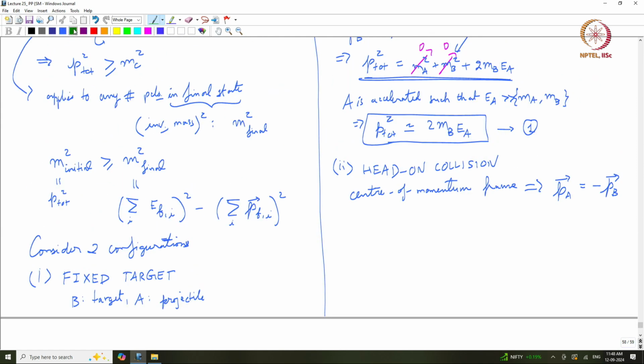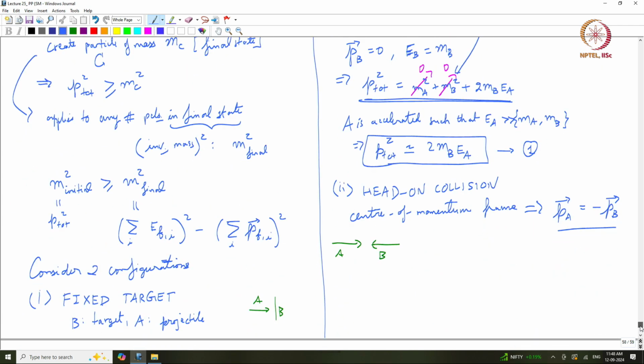Now, I just have to draw it this way, right. So, it is like A and B are coming in this way. So, over here B was just sitting around and then A was hitting it. Okay. Now, what happens if I plug this condition into the formula, the master formula star, then I get P tot squared equals, once again I have MA squared plus MB squared.